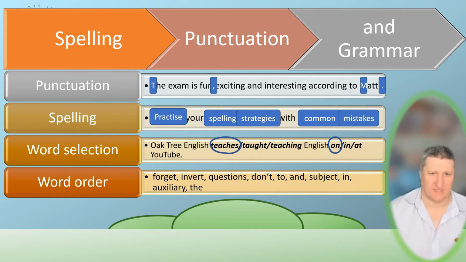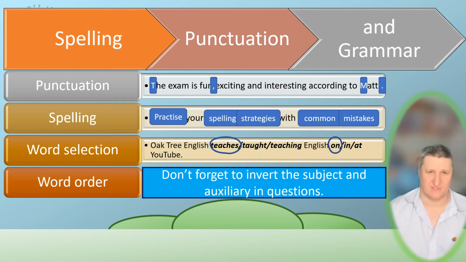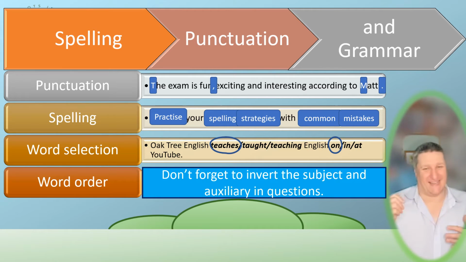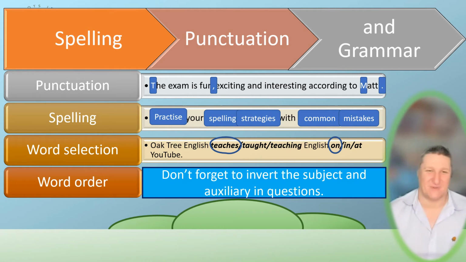For example, this one, if you put it together, you've got forget, invert, questions, don't, to, and subject in auxiliary the, and that would come out as don't forget to invert the subject and auxiliary in questions. Hopefully that will remind you to invert the subject and auxiliary in a question. Yes, just practicing sentence formulation will prepare you for that well.